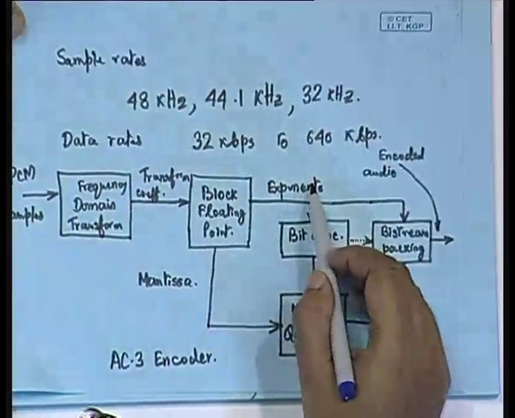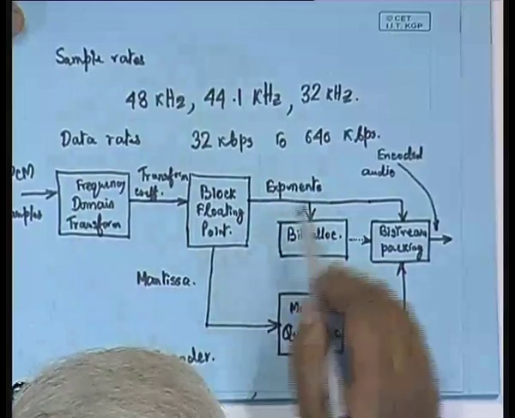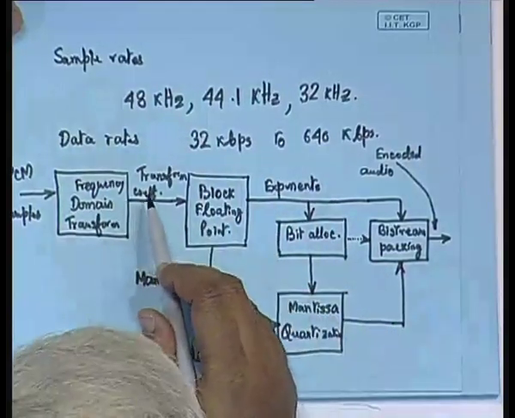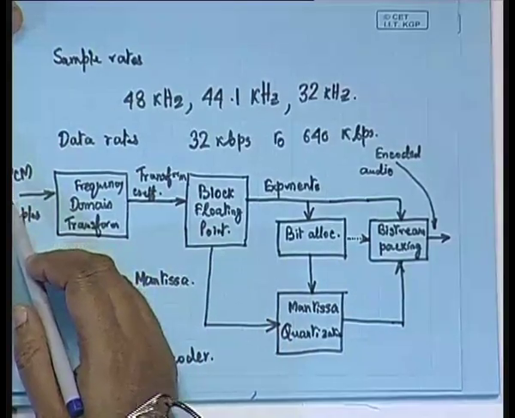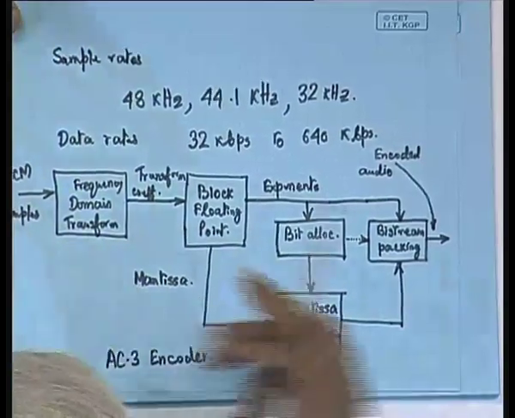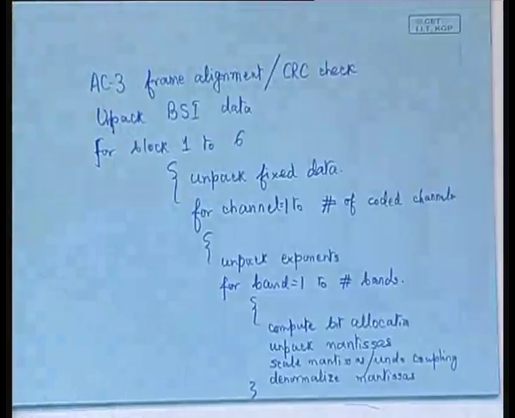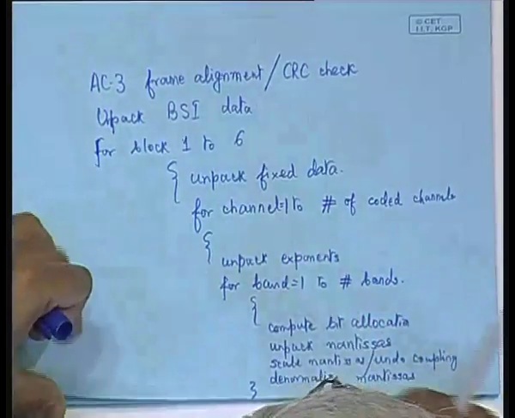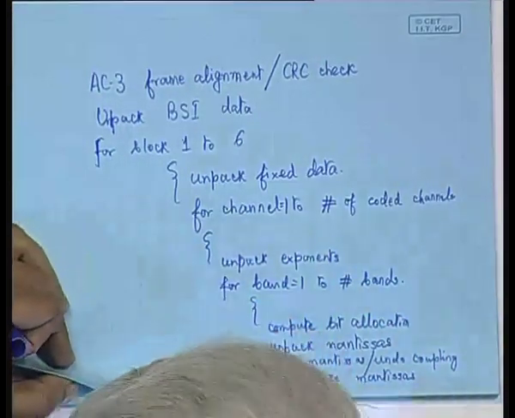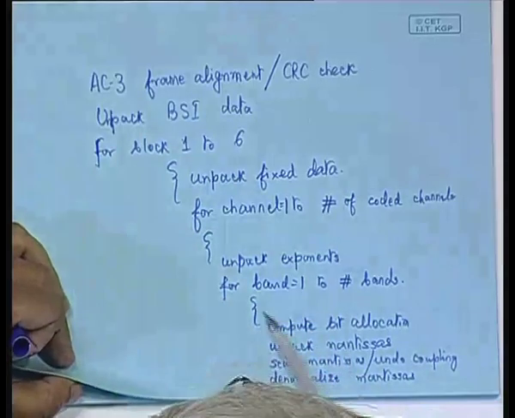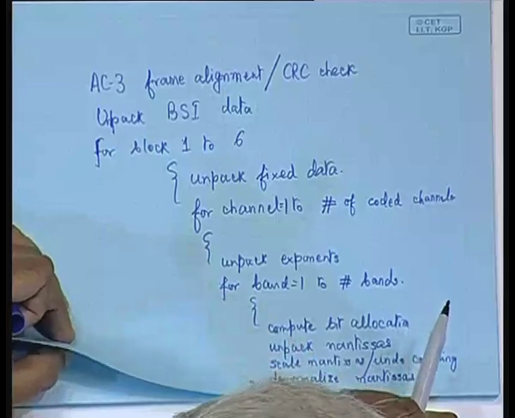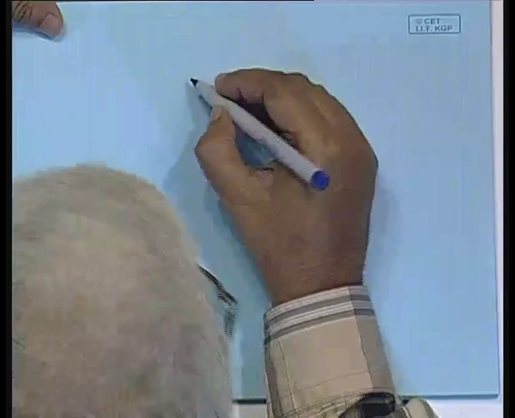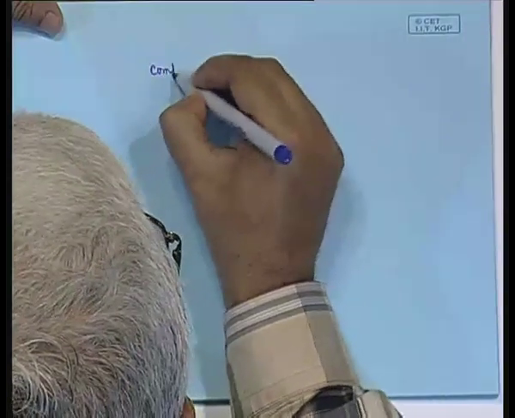So, whatever you have obtained by unpacking the exponent and mantissa is still in the form of transform coefficients. To extract the PCM samples, what you have to do is to compute the inverse transformation. So, the pseudo code has to continue. After this bit allocation and unpacking of mantissas, what you need to do is to compute the partial inverse transformations.